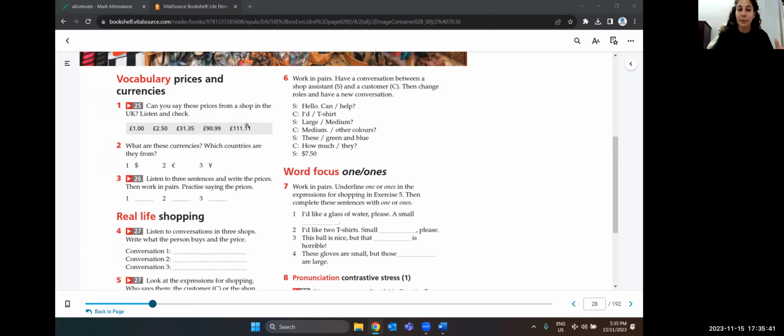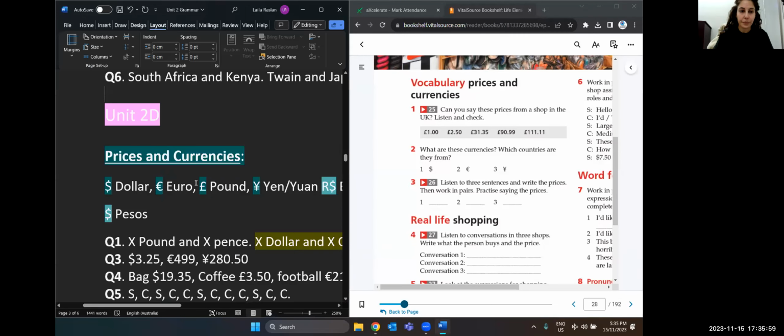Now I know that there's a couple of different symbols. We've got the pound, the euro. This is the pound, because it is an English textbook from England, it's this one here, the pound. So the pound is used in England.